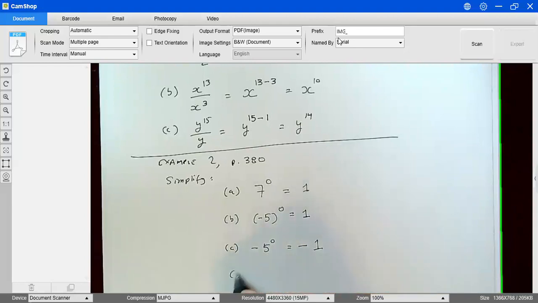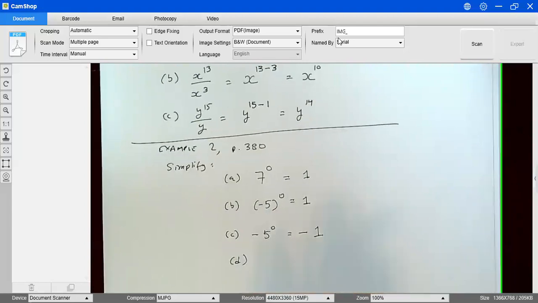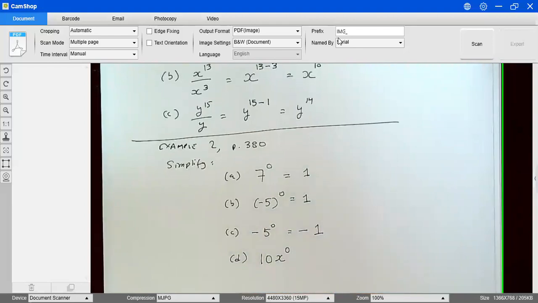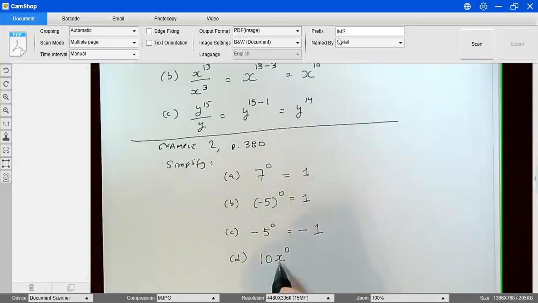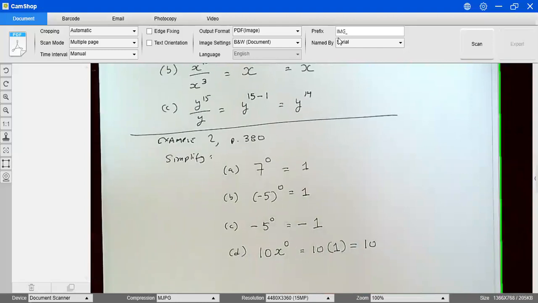Then we have 10 times x to the 0. So here the base is just x. So x to the 0 is gonna be 1 and is multiplied by 10. So the answer is 10.